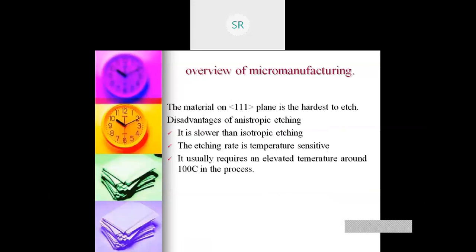If you write this, it can be a 6 or 8 mark question: elaborate on bulk micro manufacturing. In the next class, we'll see surface micro machining. The next technology is surface micro machining.